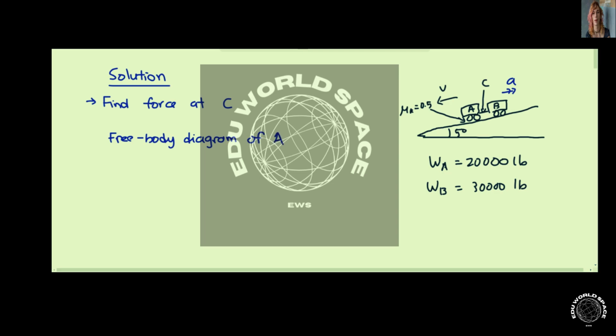We draw it for A first. So on A, there's a 20,000 pound weight pointing downward. There's a normal force, NA, pointing this way. There's friction. There's also the coupling T.